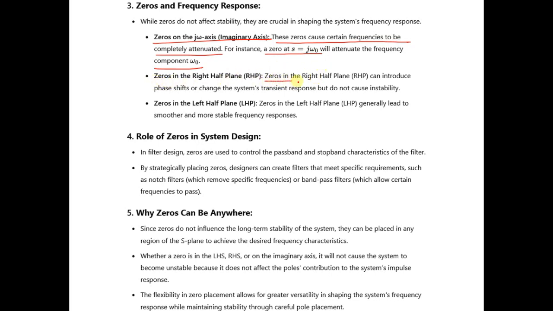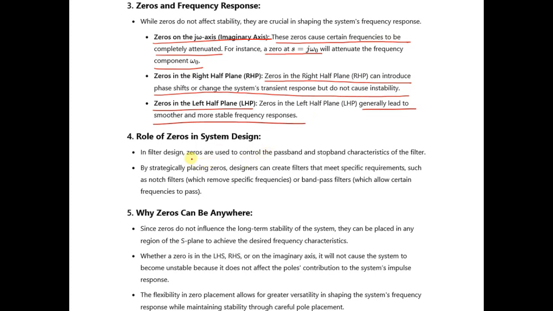Zeros in the right hand plane can introduce phase shifts and change the system's transient response, but do not cause instability. Zeros in the left hand plane generally lead to smoother and more stable frequency responses.